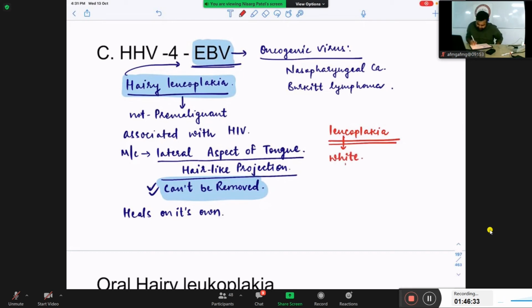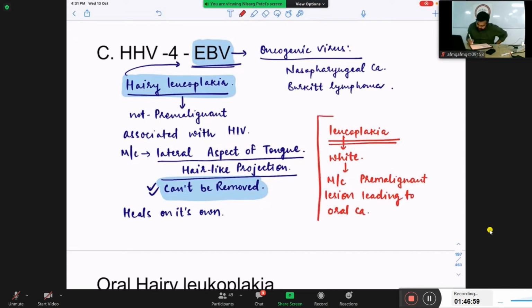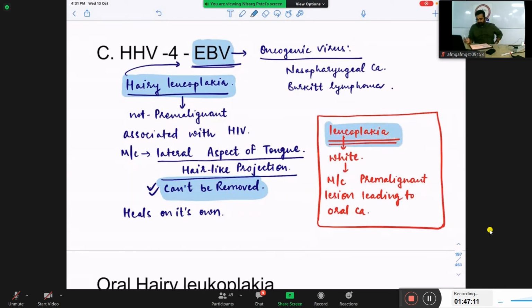But leukoplakia is the most common pre-malignant lesion leading to oral cancer. So this is the difference. Oral hairy leukoplakia is caused by the virus, but leukoplakia is just a white patch in the mouth, which is the most common pre-malignant condition.